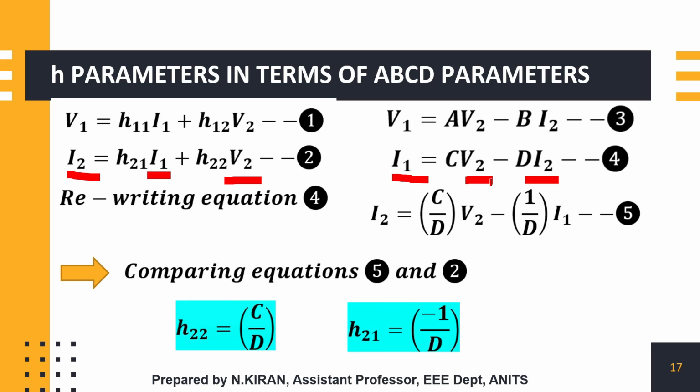D. Now, in order to compare 1 and 3, I have to eliminate the I2 variable from the third equation. And that can be done by substituting the fifth equation in the third equation.